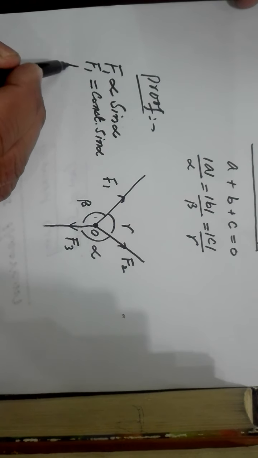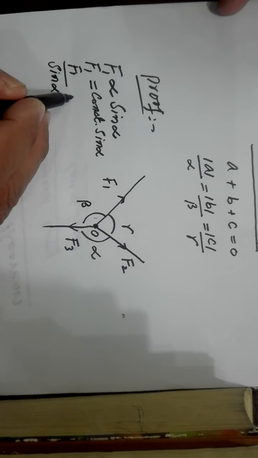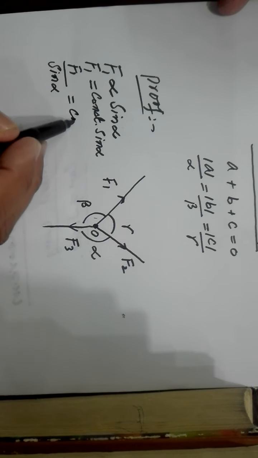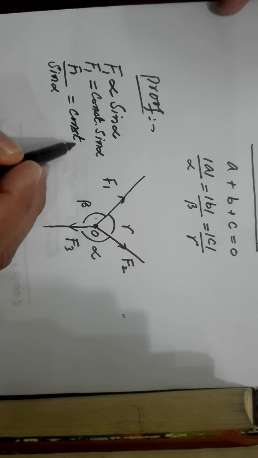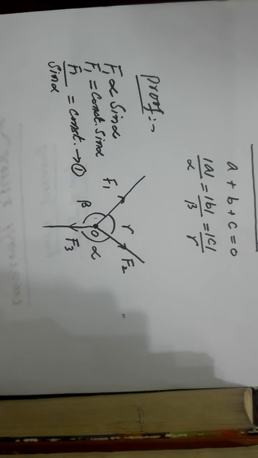On simplifying, F1 over sine alpha will be equal to a constant. So this is equation number 1.